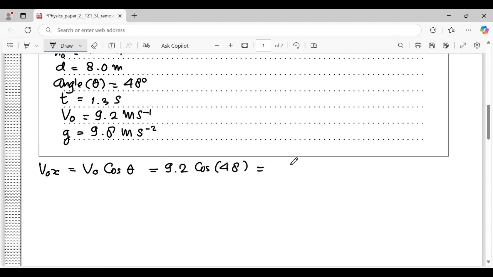If you calculate, it is 6.16 meters per second. And after that, the vertical component is V0y, V0 times sine theta. But I wrote here, this is the horizontal component.